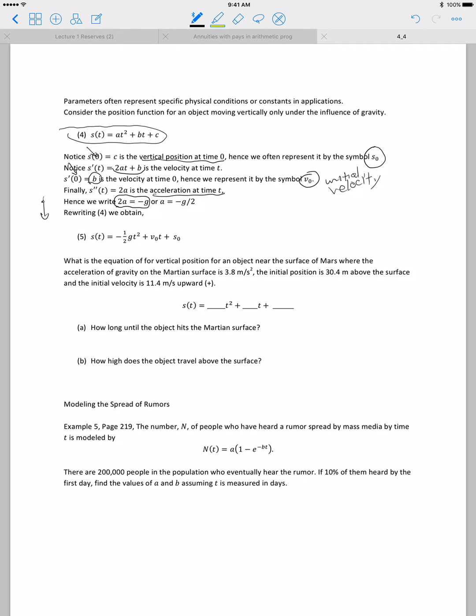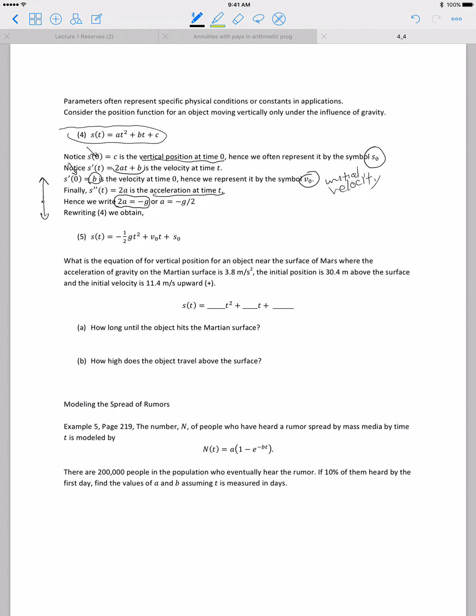We're going to take the upward direction to be positive, and we give it the symbol g because what the value of g actually is depends upon what body we're talking about, whether we're talking about the Earth or the surface of the Moon.